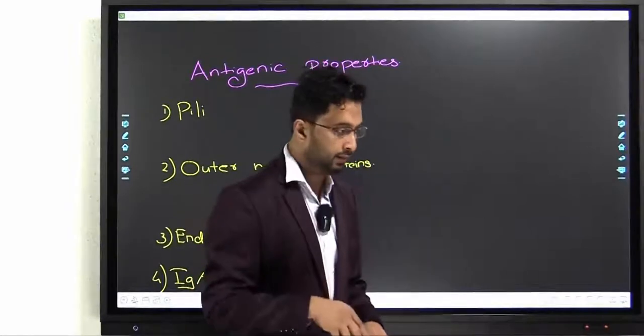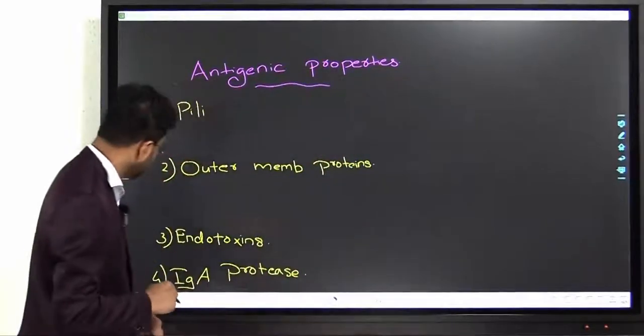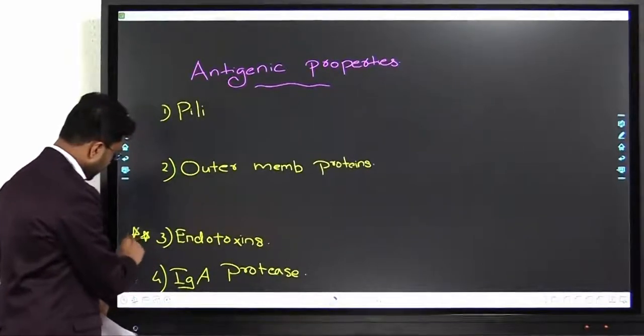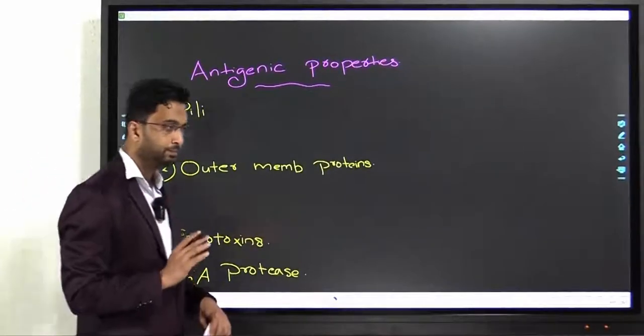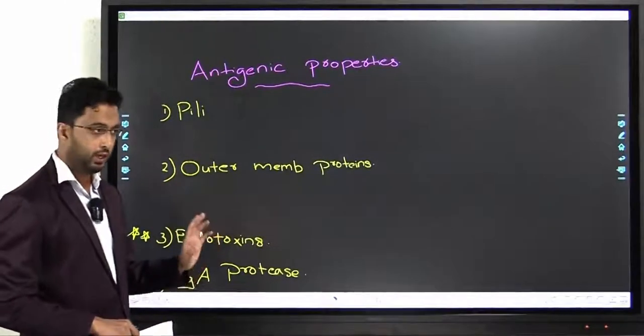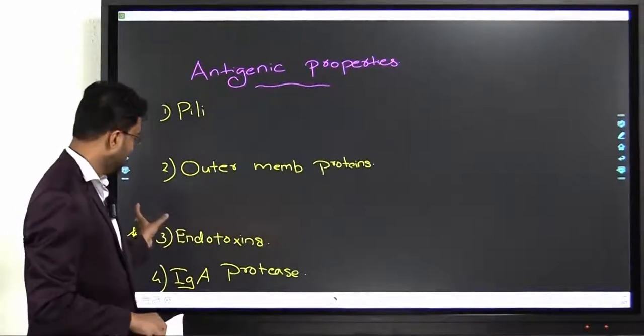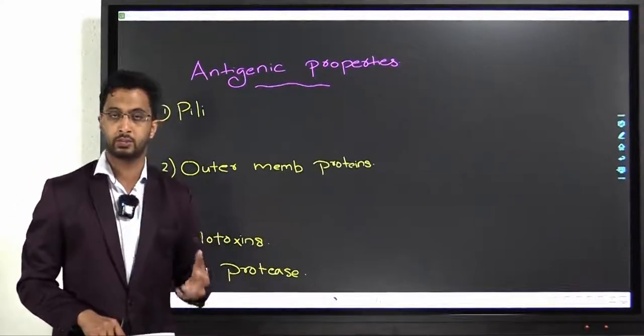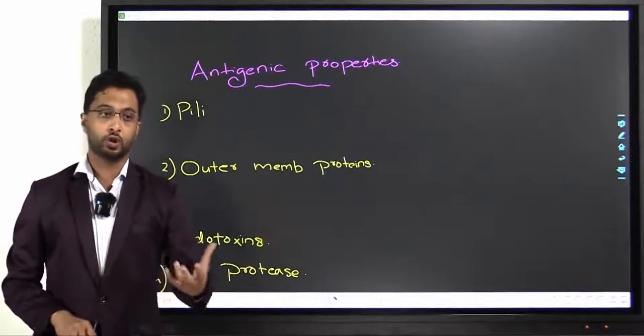Gram-negative organisms we will compare later, but in general, not a rule, there are exceptions, they have endotoxins, whereas gram-positive organisms have exotoxins.